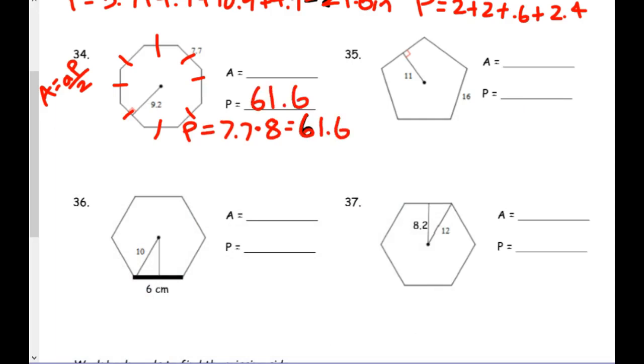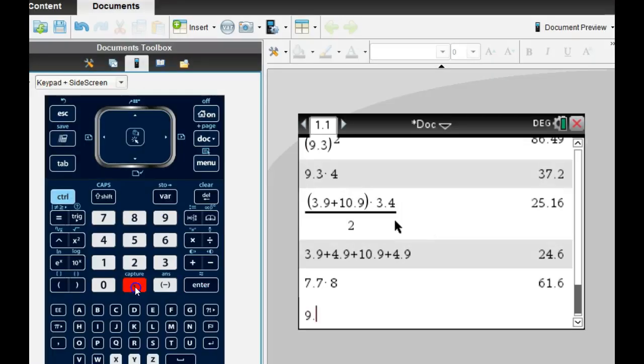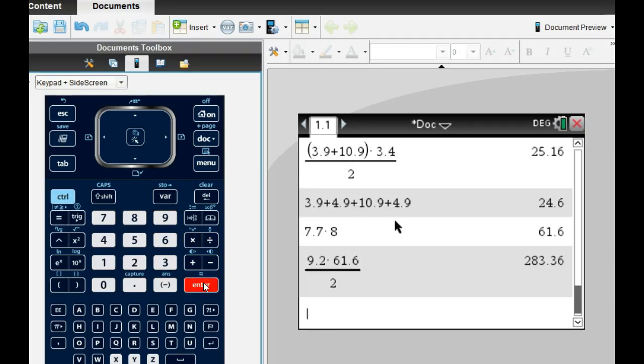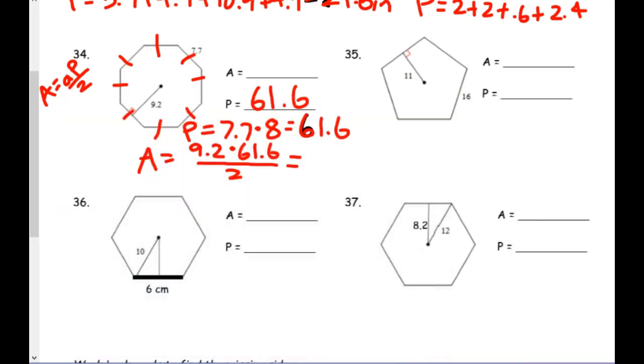My apothem is 9.2, so let's do that. 9.2 times 61.6 divided by 2. So 283.36. That would be units squared.